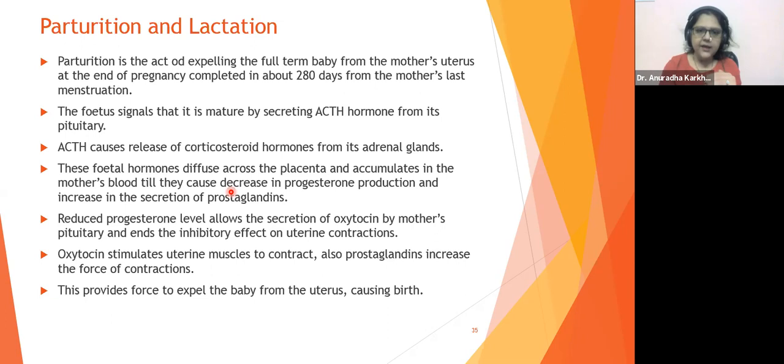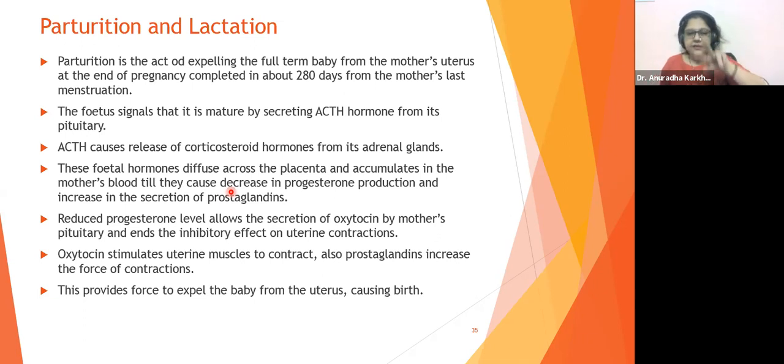You remember that, right? In the same way, the ACTH will be given by the pituitary gland. Now this will be carried via the blood and it will cause the release of corticosteroids from its adrenal gland.